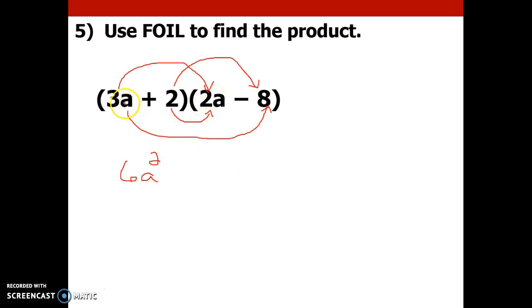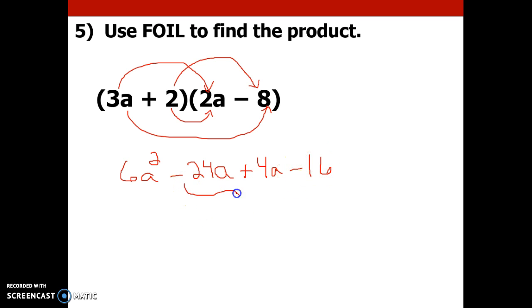Next, we're going to do the outer. That's 3a times negative 8. That's going to be negative 24a. Next, we're going to do the inner. That's going to be 2 times 2a. That's going to be plus 4a. Then last but not least, we're going to do the last. 2 times negative 8 is going to be minus 16.